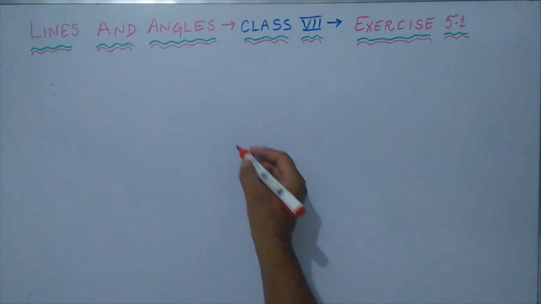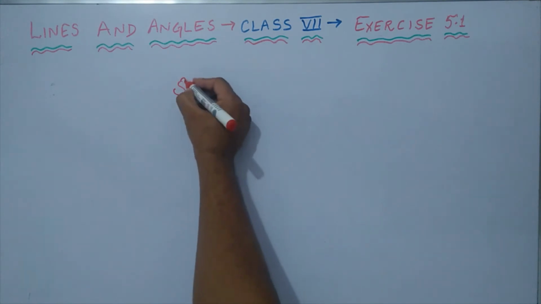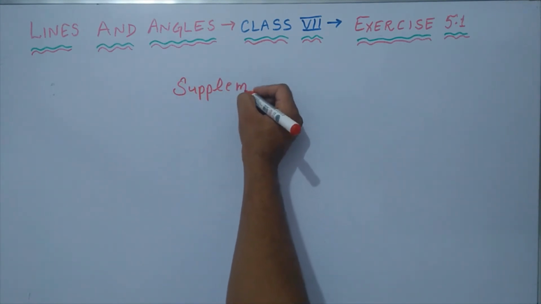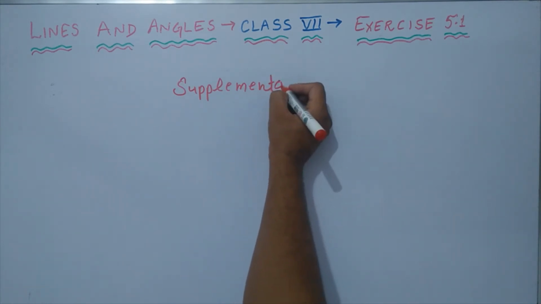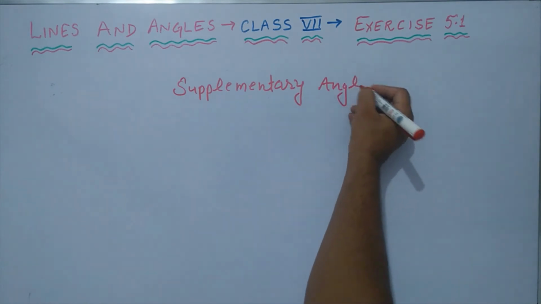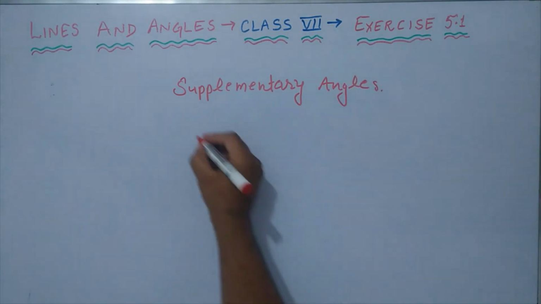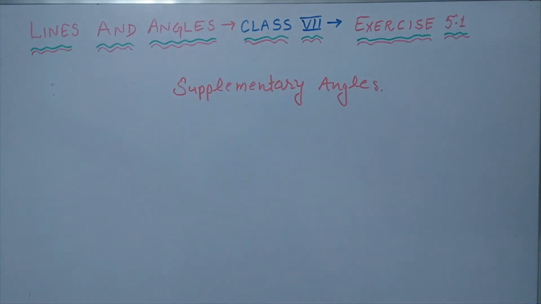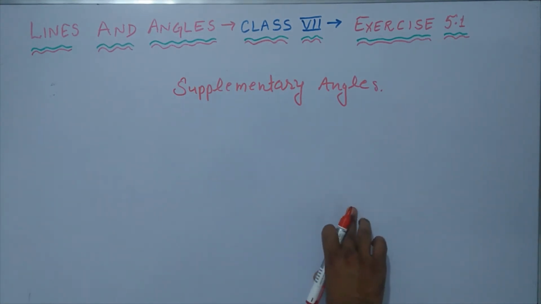Now we shall discuss supplementary angles. If the sum of two angles is equal to 180 degree, then the two angles are called supplementary angles.